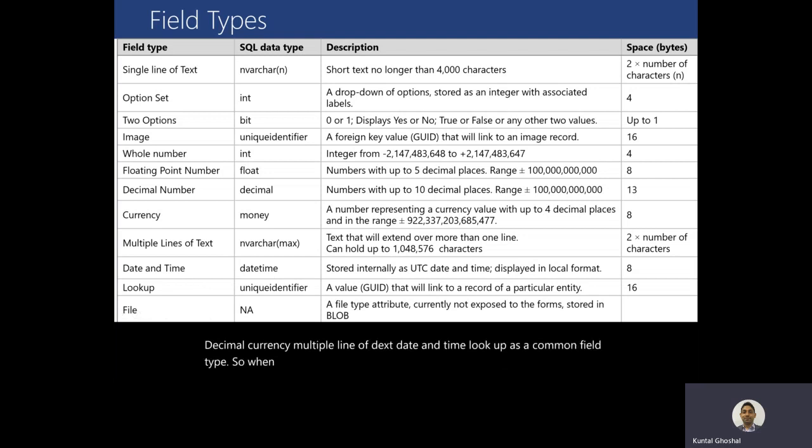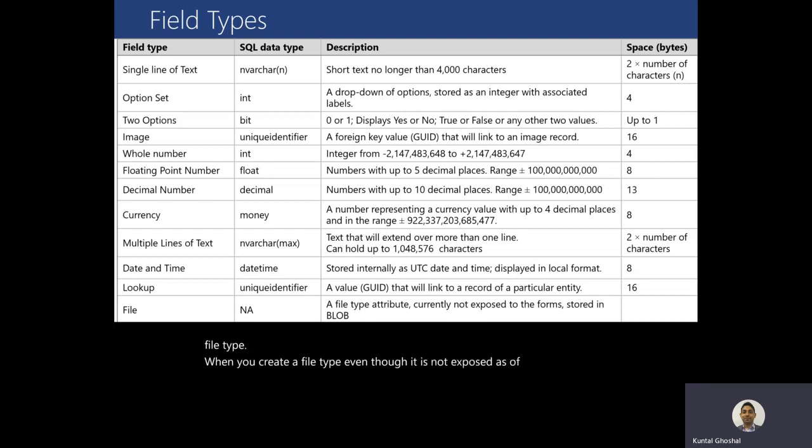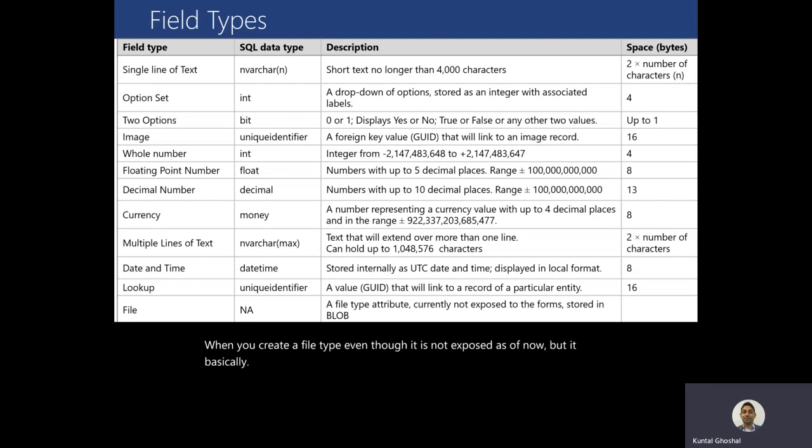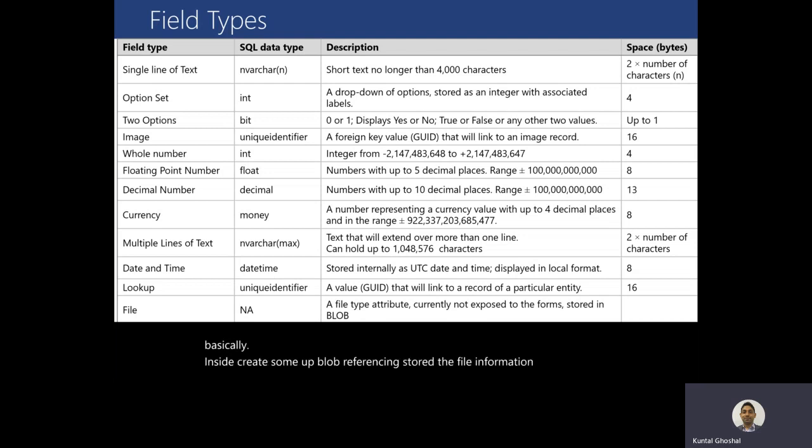So when you are creating a field inside an entity, you have a wide range of choices of what sort of field type you want to create. There is a new field type that's been introduced with Dynamics 365, which is a file type. Even though it is not exposed as of now, when you create a file type, inside it creates a blob reference and stores the file information inside the blob reference.